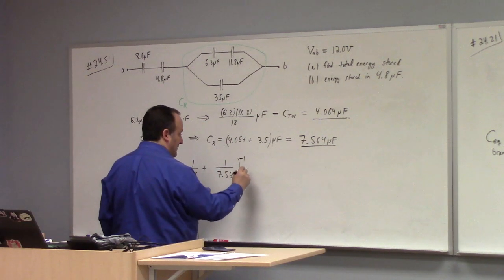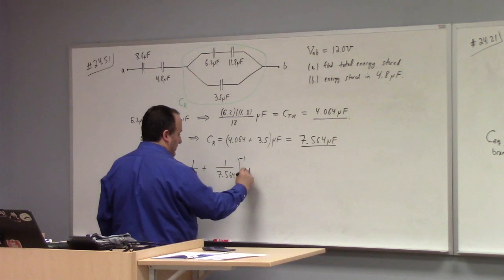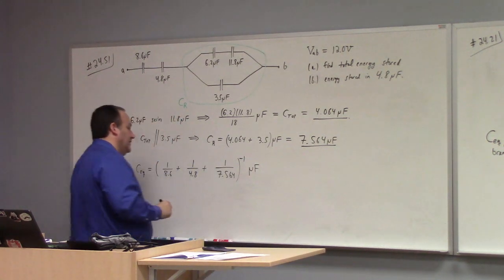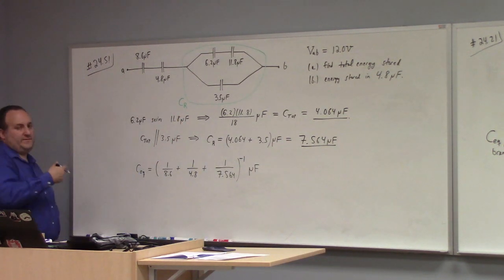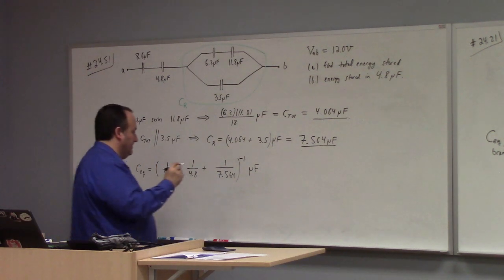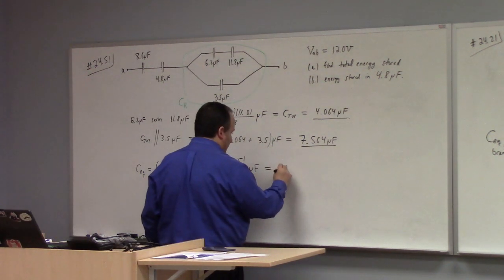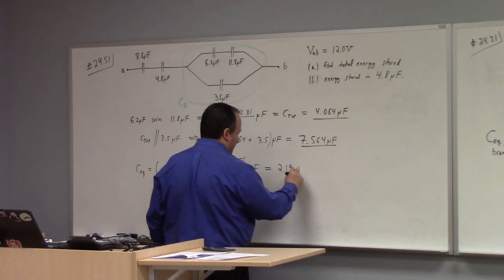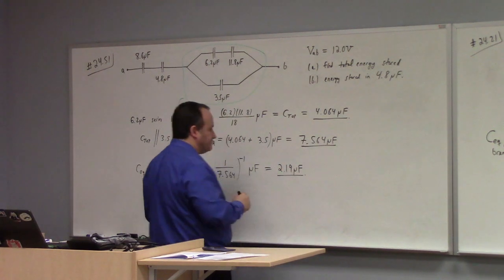Invert all that, and slap a microfarads on it. Now, gotta be careful. If some evil professor throws some nanos and micros together, you have to convert. I got 2.19 microfarads. Excellent.